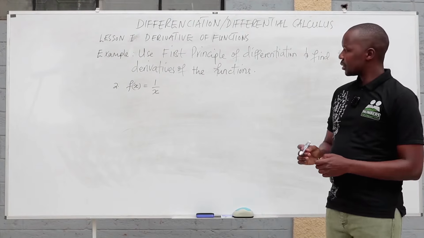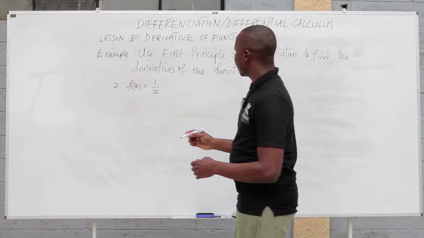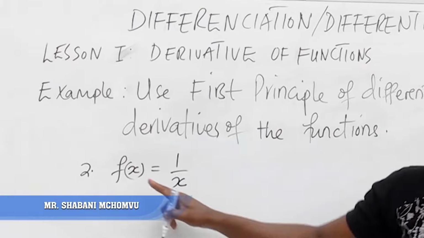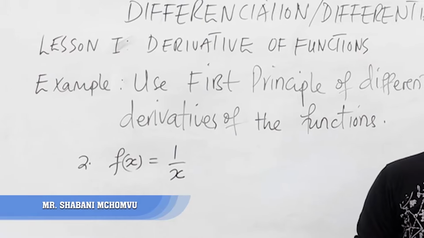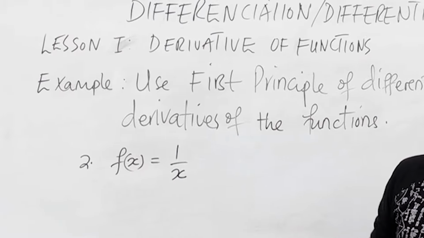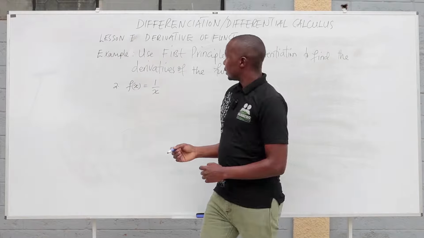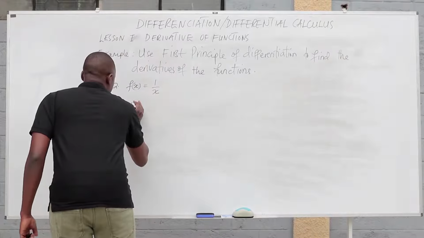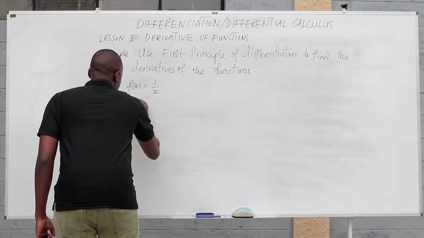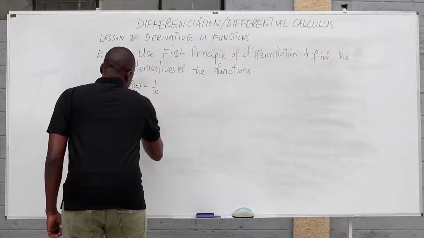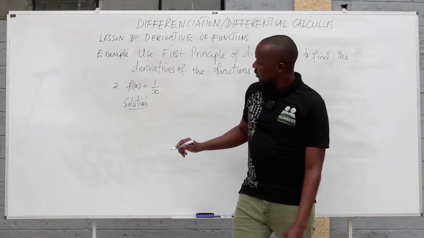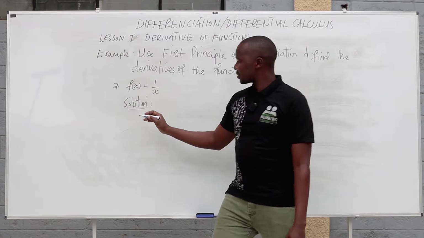So let's proceed with example 2. And that says f of x equals 1 over x. So we are trying to check on rational functions. So here, let's go to the solution scheme. That's the detail that we have here. It's the f of x.